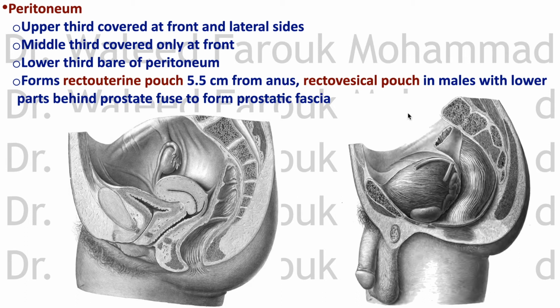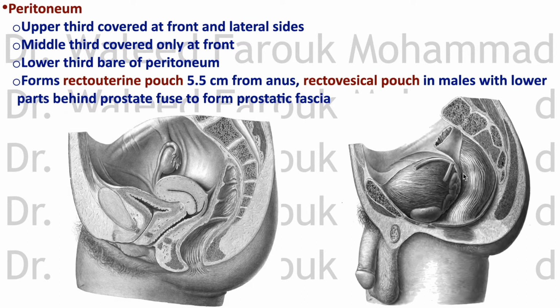The peritoneum on the upper third of the rectum covers it from the anterior and lateral sides, while in the middle third it covers it only anteriorly, because it's beginning to be pulled forward. And the lower part is bare of peritoneum, and the whole thing, of course, is retroperitoneal, the rectum. It doesn't have a mesentery. So the upper third is covered from the anterior and lateral surfaces. The middle third is covered from the anterior surface, and the lower third is bare of peritoneum.